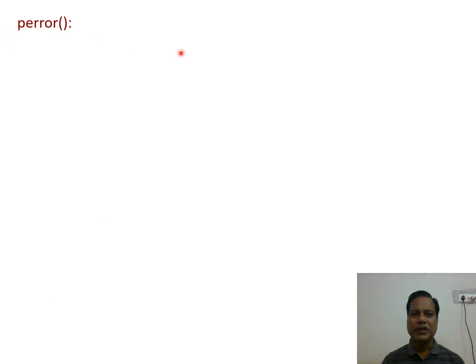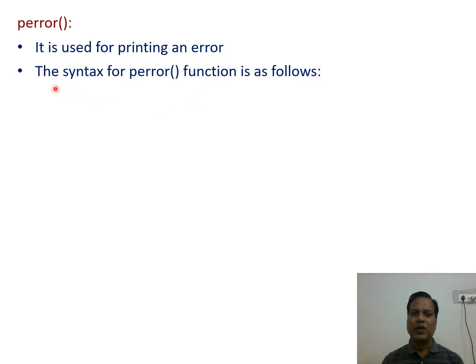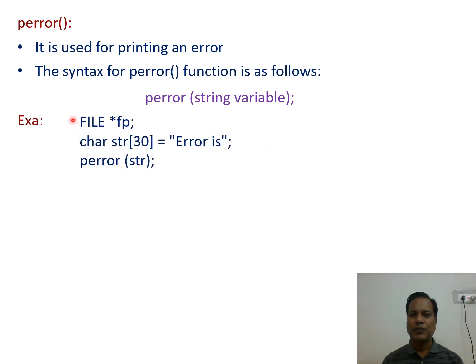Now let us discuss the perror function. It is used for printing an error. The syntax for the perror function is as follows: perror(string variable); with a semicolon at the end. Example, this coding statement FILE *fp; declares a file pointer fp.